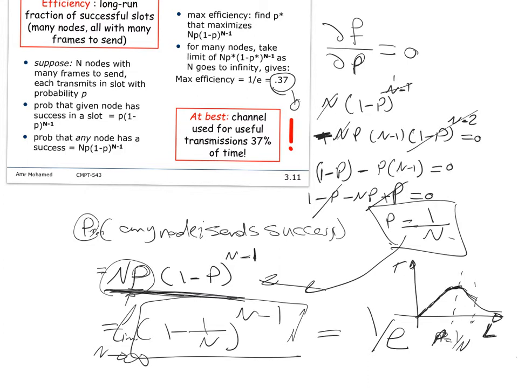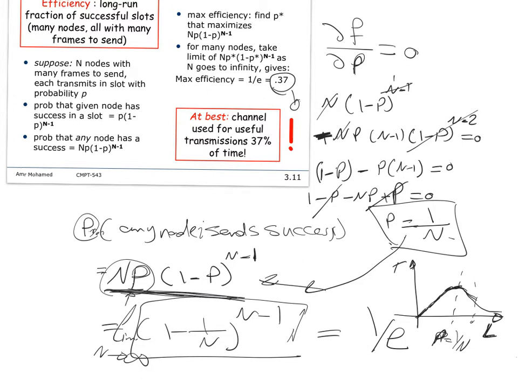If we base the load on p and N, then it's a function of when N also increases. So if we fix p to something higher than 1 over N, and we keep increasing N, then at infinity you will also reach 0.